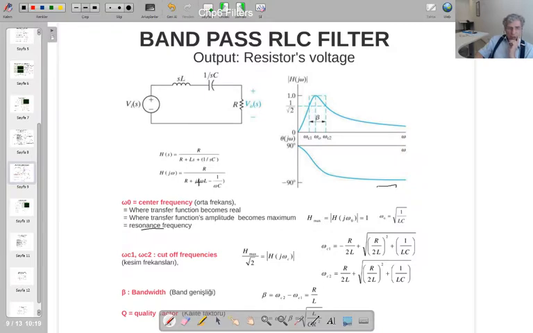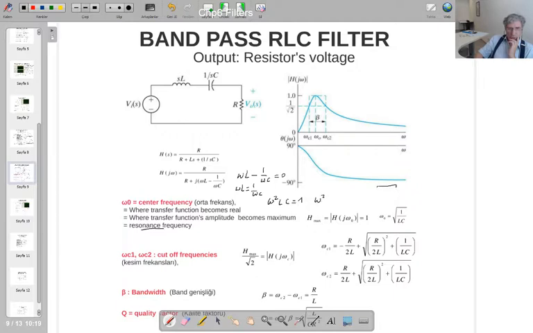when the imaginary part of this is equal to 0. You see what it is, omega L minus 1 over omega C is equal to 0. So that means omega L is equal to 1 over omega C. That means omega squared LC is equal to 1.